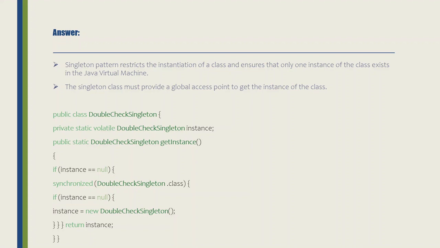So if we see any DB connection, obviously we need a single DB connection so that we can run any select statement or any insert or update statement on the same connection instance. We do not need multiple DB connection instances. Same is with the logger. We need only a single object instance across the project.